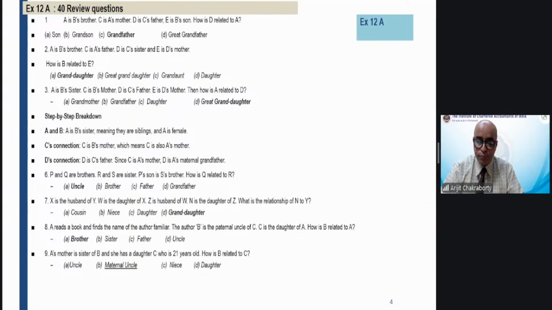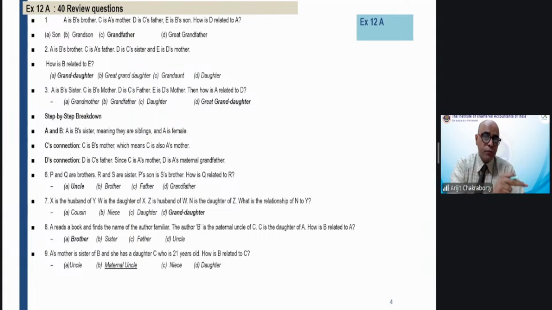Question is, how is B related to C? So we can understand that the lady M has a brother B, and the lady M has two children, A as well as C.